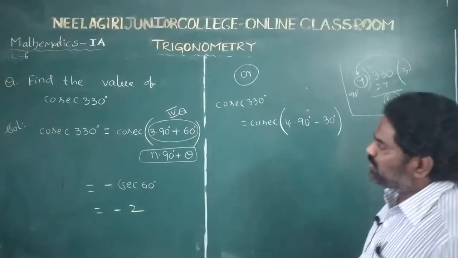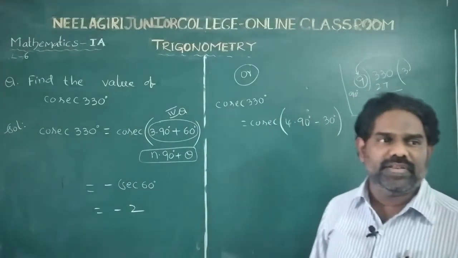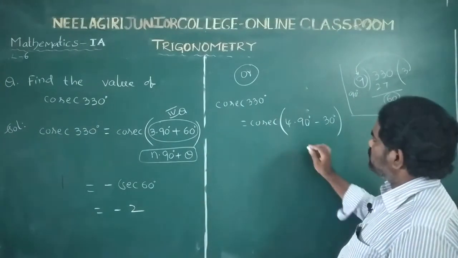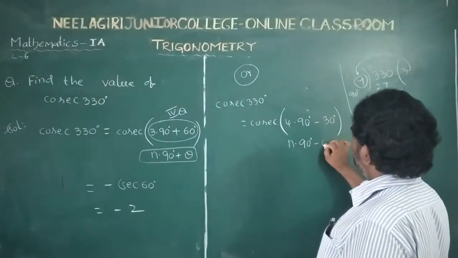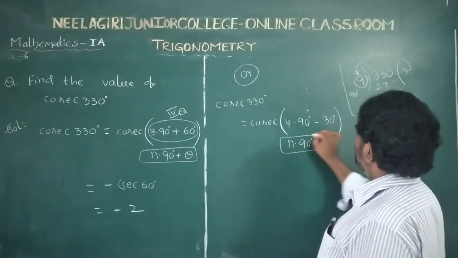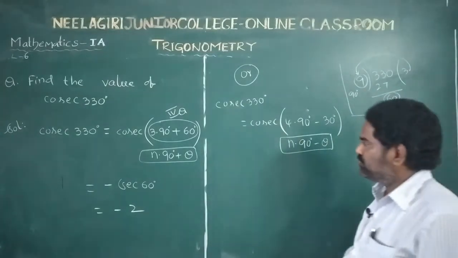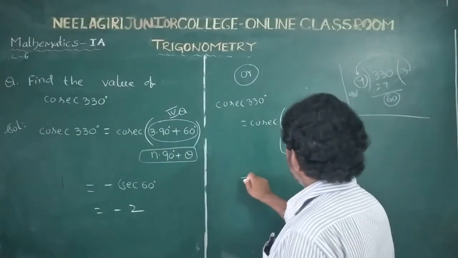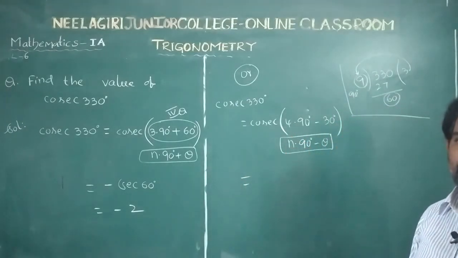We need not always use n into 90 plus theta; we can use n into 90 minus theta also. Understand? Now n equals 4, an even number.